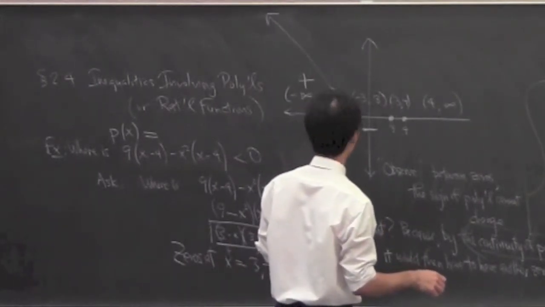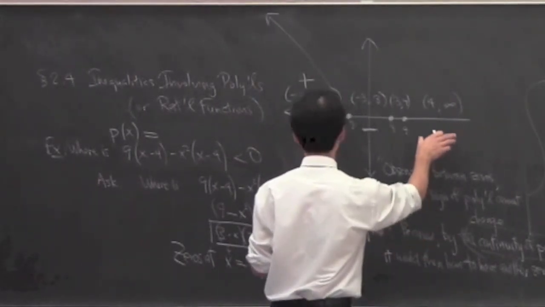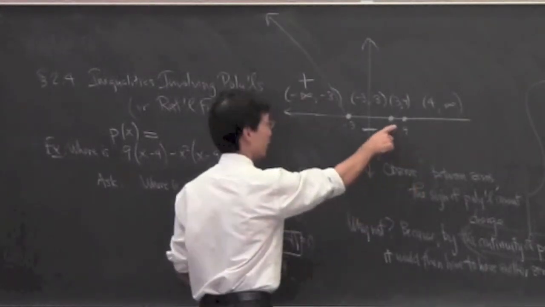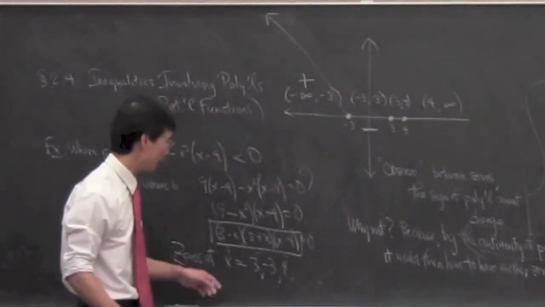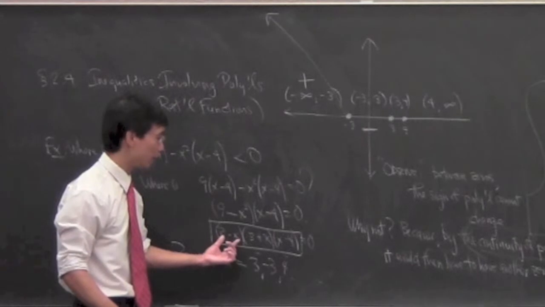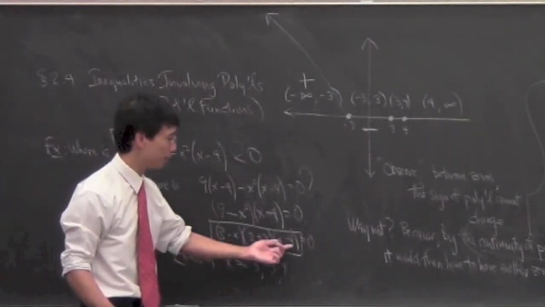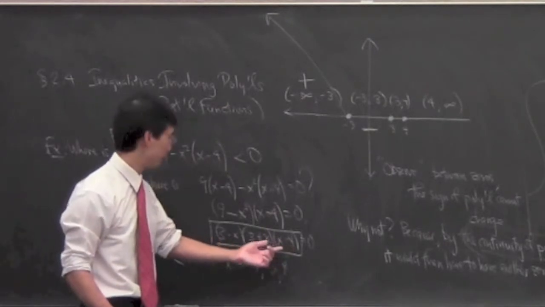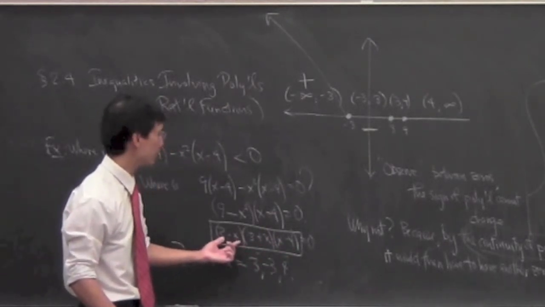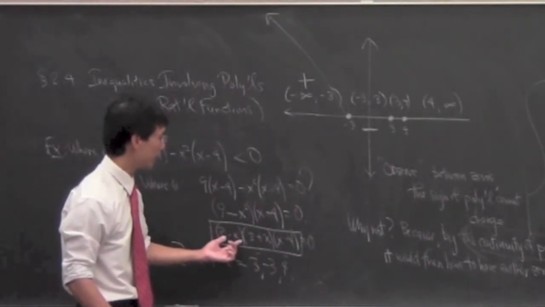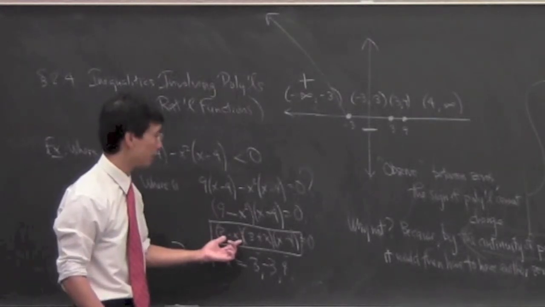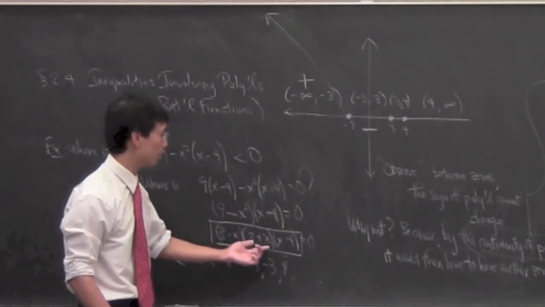Right. If you take a number between 3 and 4, what happens? So you're going to get negative, positive, negative, right? 3 minus x is going to be negative because the number is bigger than 3. 3 plus x is going to be positive.